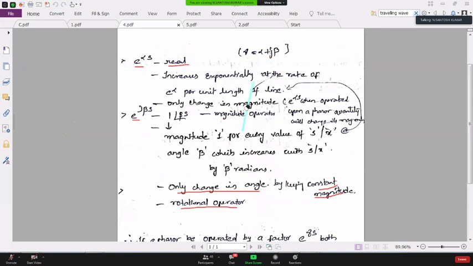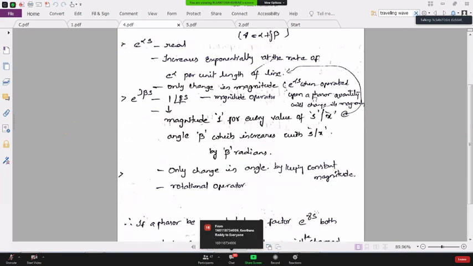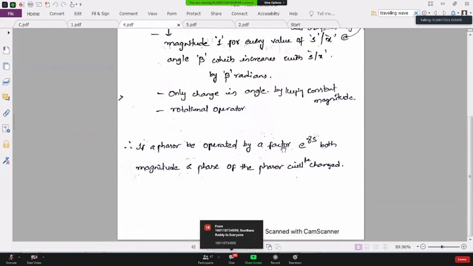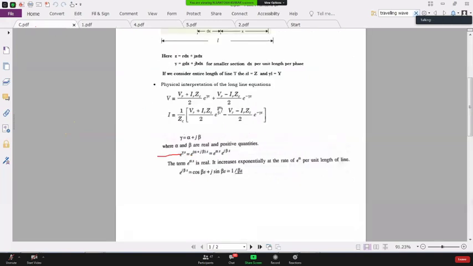Now, as these two terms are changing in magnitude as well as angle, that's the reason I've written one more statement here. If your phasor, meaning your voltage phasor and your current phasor, we have your main equations, V and I, which are multiplied with your exponent term, right?